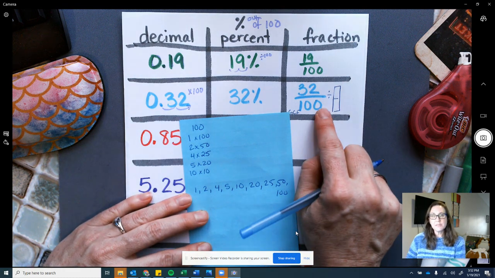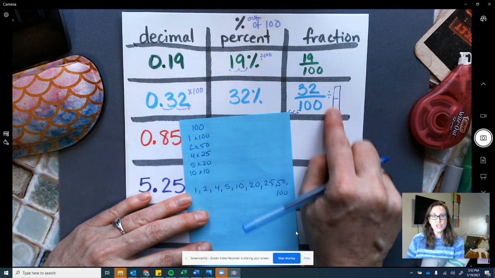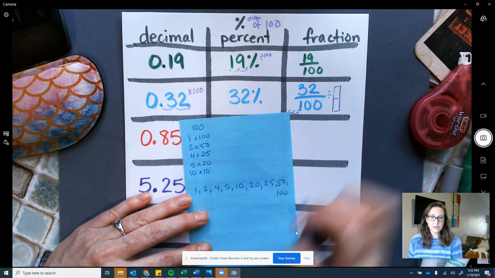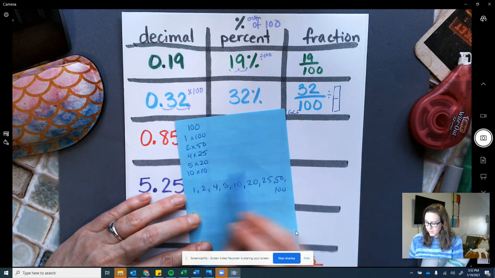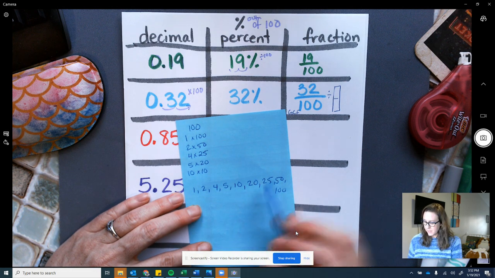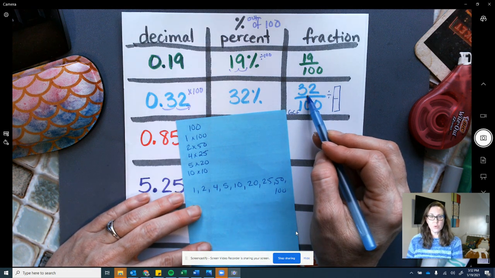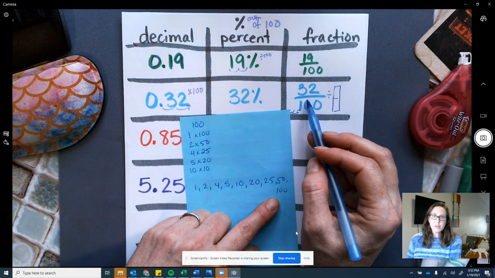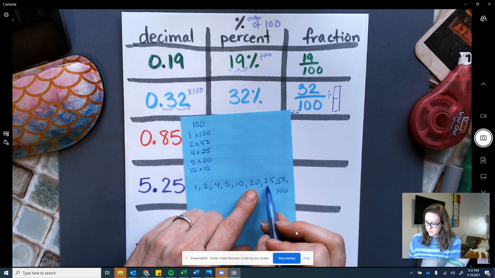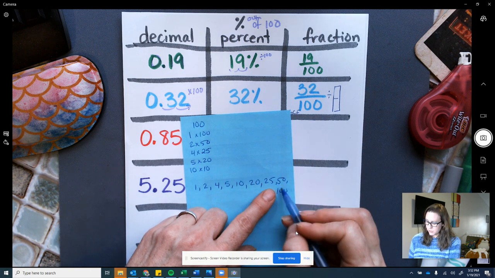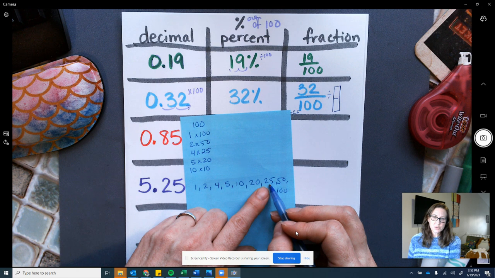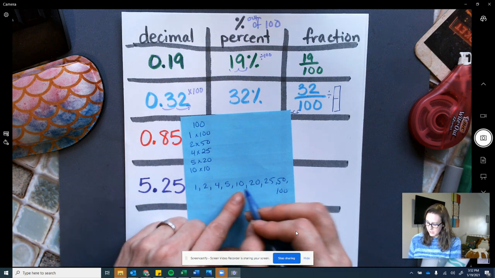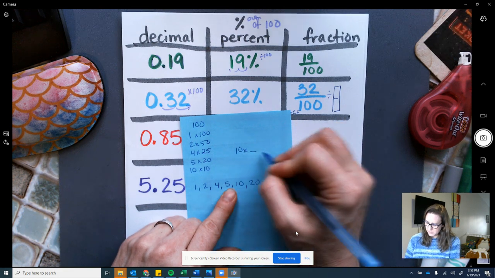Now, since when we divide with a giant 1, we have to use a giant 1 that will go into both the numerator and the denominator. We only have to check these to see which one of these numbers is the biggest number that will go into 32. So I'm going to start backwards. No number bigger than 32 is going to go into it, so we don't have to look at those two. 25 doesn't go into it. 25 times nothing is 32. 20 times nothing is 32. 10 times something, does that equal 32?